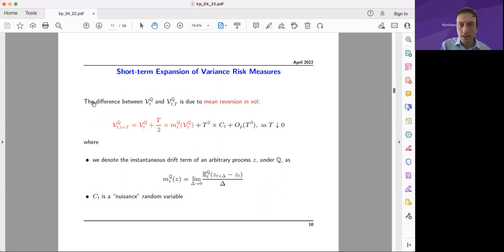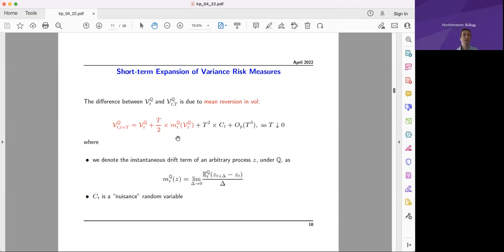The first one is here, and the relevant part is highlighted in red. This is script V, so think about it as the VIX. The leading component is this spot risk neutral variance, and the second component depends on the time to maturity, T. So if T is short, obviously this second piece collapses down to zero.